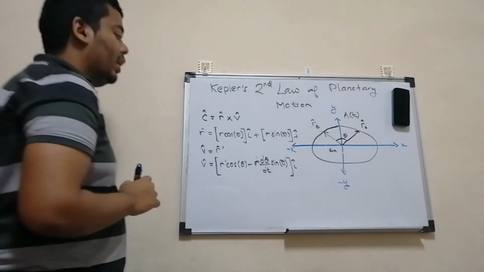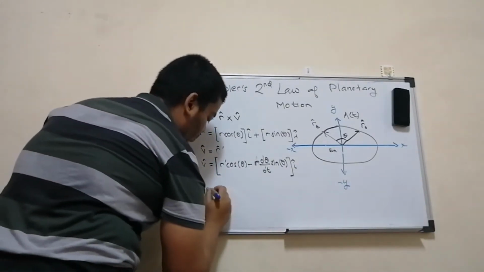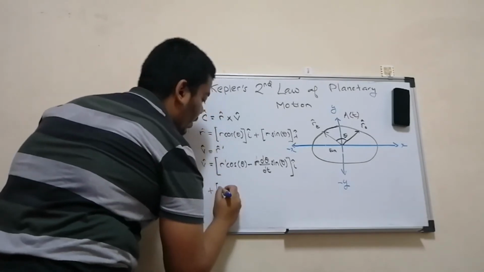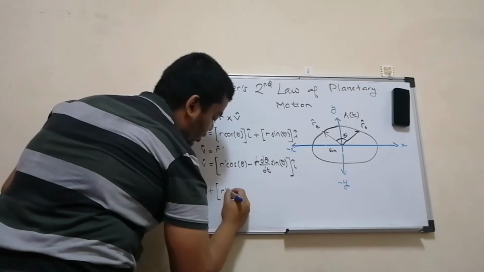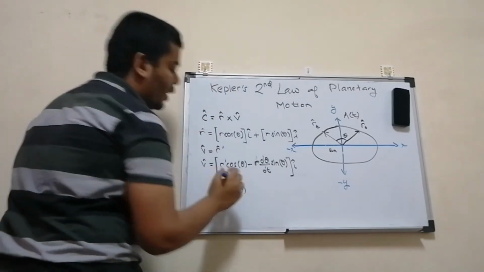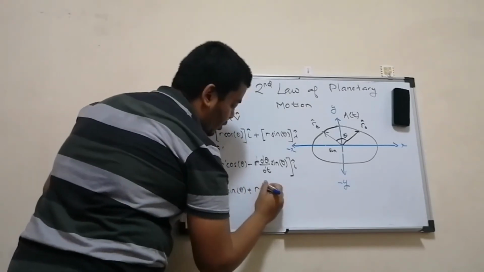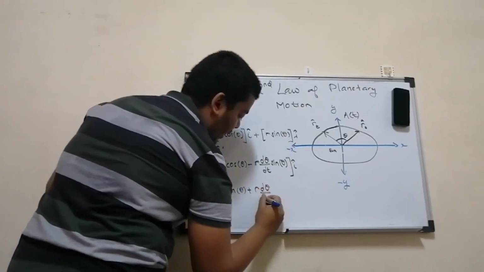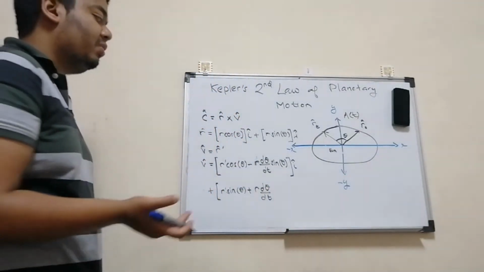Now we need to go ahead and find the j component. Again, we'll differentiate the first term, keeping the other term as it is, and then add the differentiation of the second term, keeping the first term as it is. And again, we follow the same approach because theta is changing with time, so it's a function of time.